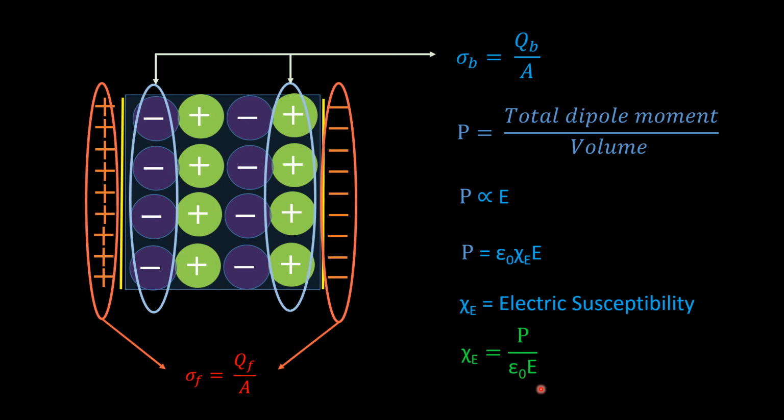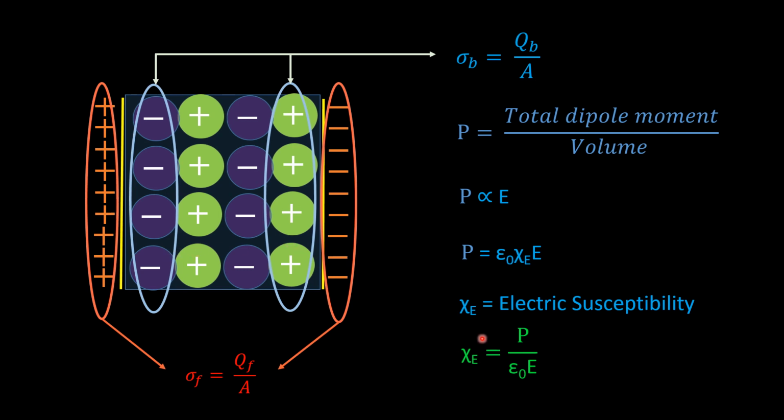And what does it indicate? If susceptibility is more, what we understand is that polarization is more, you have so many dipoles produced. Suppose I have the same amount of charge on this capacitor, and between the two plates I may insert rubber or glass or paper. It is not necessary that all the materials will react in the same fashion. In some materials you have more dipole moment produced, in some you have less.